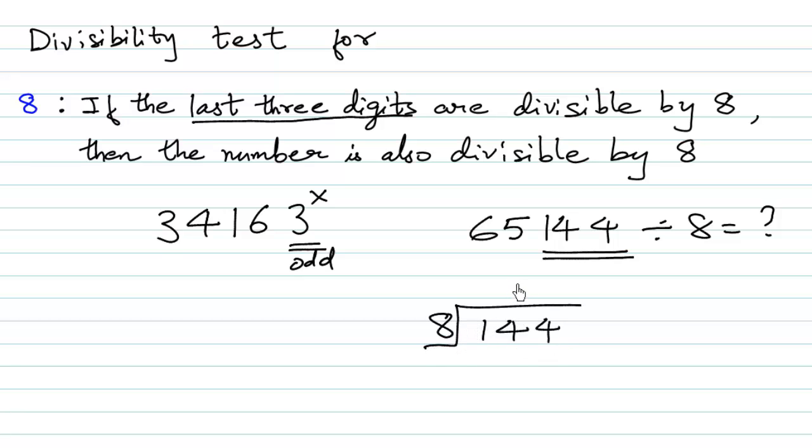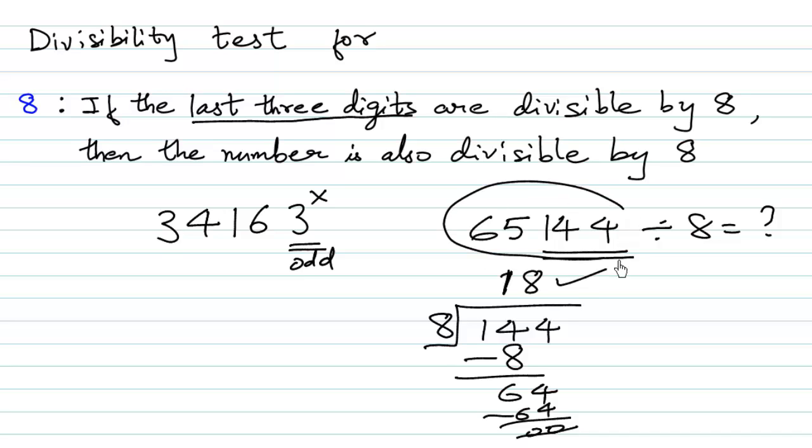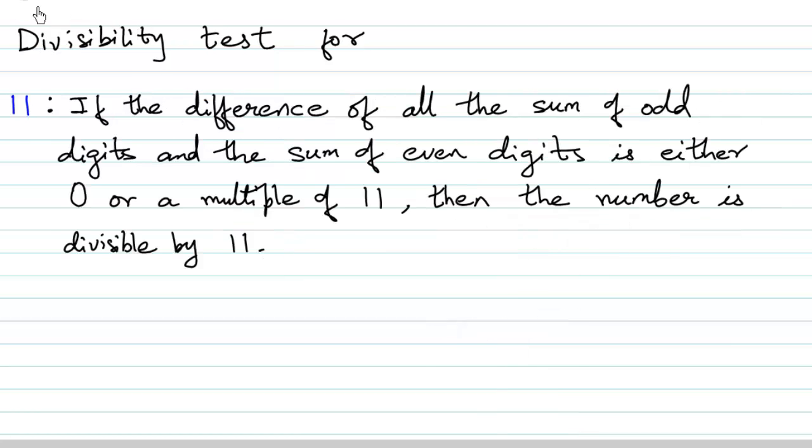So we know 8 1s are 8, 8 2s are 16, so we have 8 1s are 8, and we have 8 8s are 64. It is perfectly divisible. So 65,144 is also perfectly divisible by 8. So remember, a divisibility test should be a faster method than the actual division. And we are not concerned with the quotient, we are just concerned with the remainder.